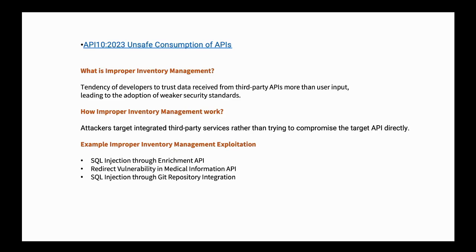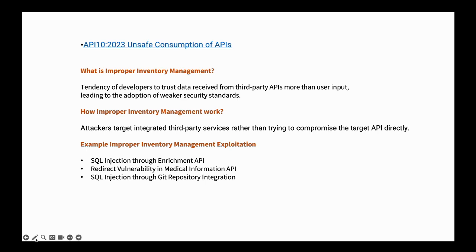Now we are on to our last API vulnerability in the OWASP list, and it is all about unsafe consumption of third-party APIs. This type of API security vulnerability arises when developers tend to trust data received from third-party APIs more than what the user has provided as input.